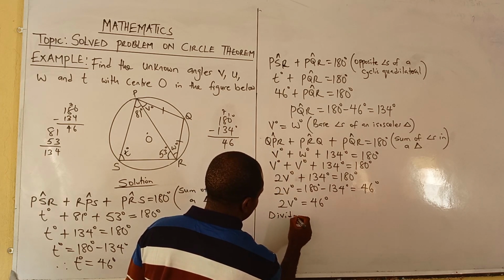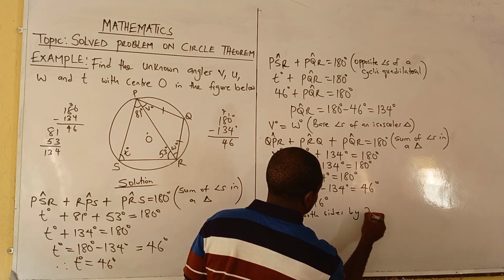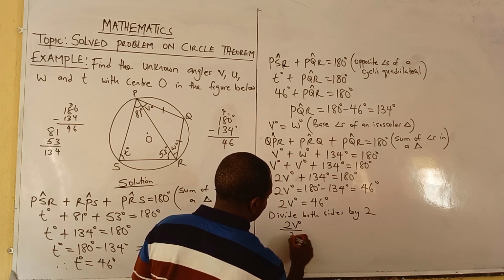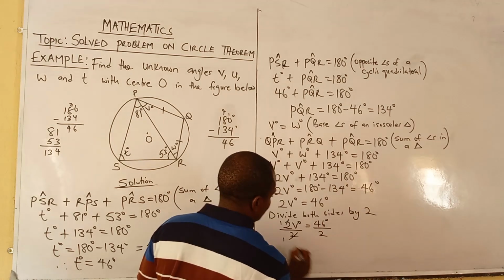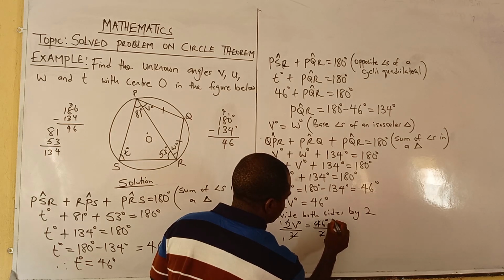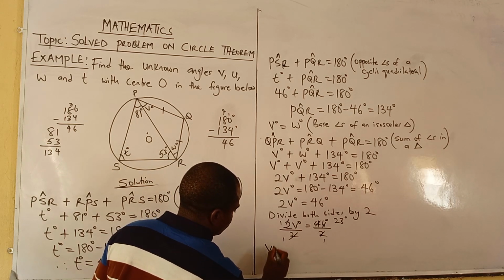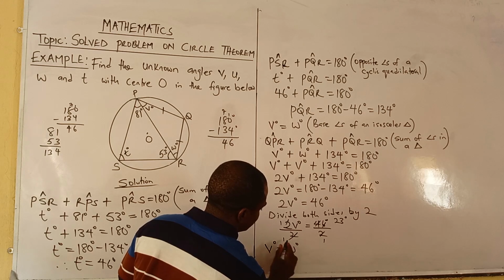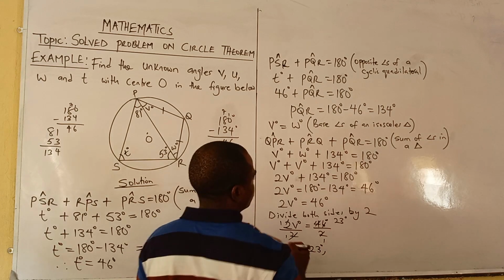Divide both sides by 2. We have 2V degrees divided by 2 equals 46 degrees divided by 2. 2 cancels 2. 46 divided by 2 is 23 degrees. V degrees equals, because they are equal, W degrees equals 23 degrees.